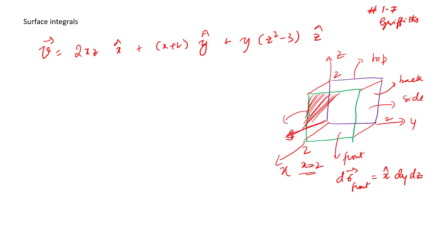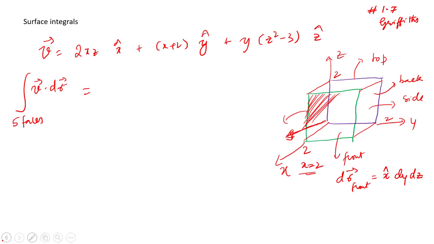So if I want to perform the surface integral of v dot d sigma over the 6 faces of this cube, I'm going to perform the integral on each face and then add them up, right? So this is going to be the sum over all the faces, and I'm going to compute v dot d sigma on each face, and then we're going to add them up.